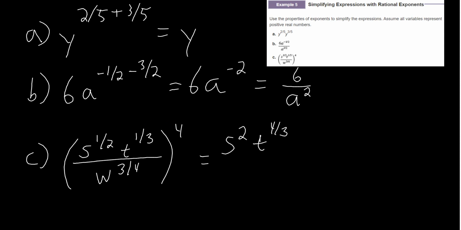Now let's fix that t. And then lastly, we take this 4 and distribute it over here. So it would be 3/4 times 4, which is 12/4, which is simply 3. So w cubed.